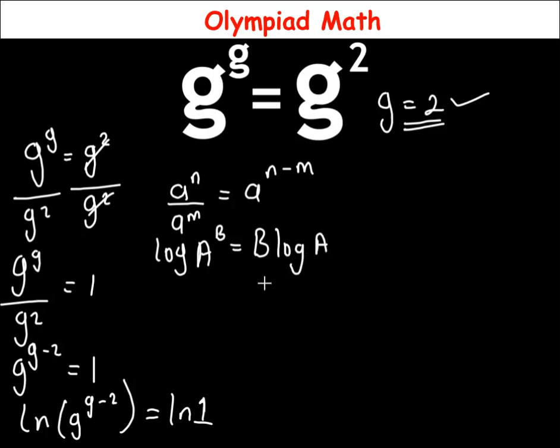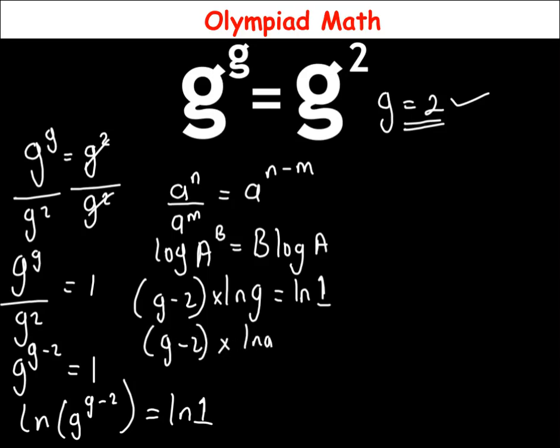So applying this rule, the power g minus 2 comes down, and you have g minus 2 times ln g is equal to ln 1. So g minus 2 times ln g is equal to ln 1, which is equal to 0. At this junction, g minus 2 can be equal to 0, or ln g can be equal to 0.